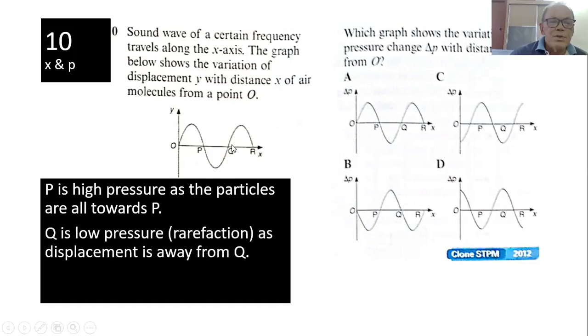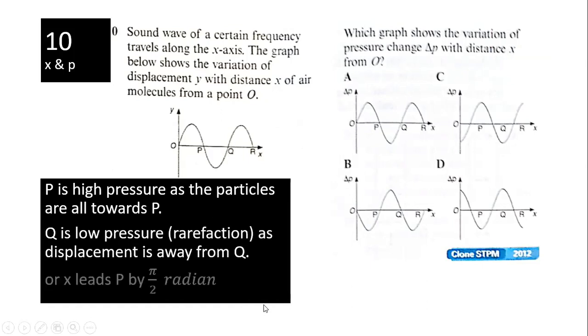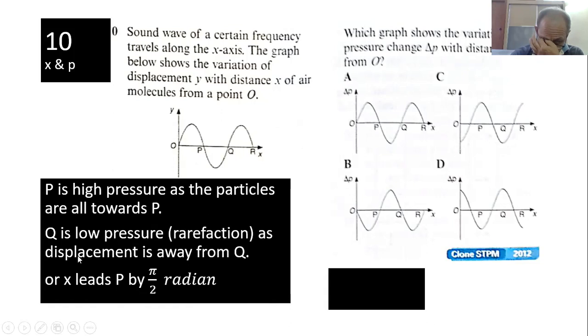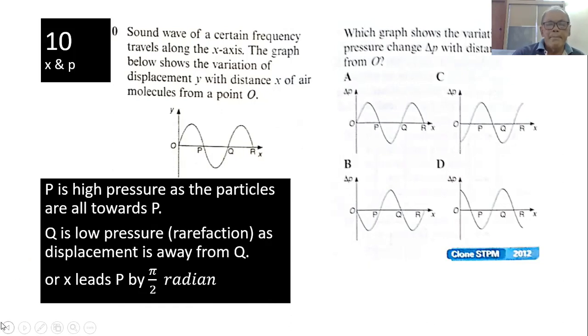And then Q, low pressure, rarefaction. Or you can remember that X leads P by pi over 2. Then look at this, this is your 0. That's pi over 2. Either you know how to read it or you memorize that. Either way. Okay. Answer C.